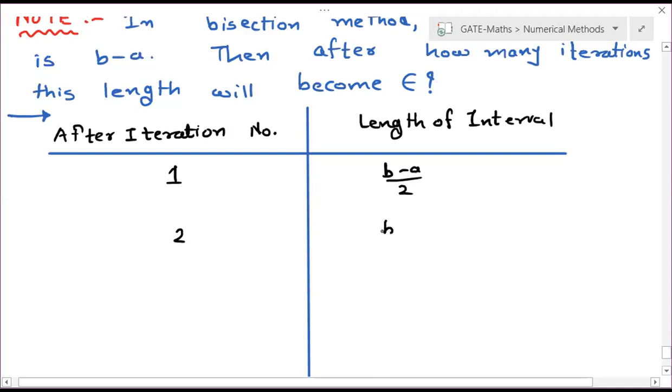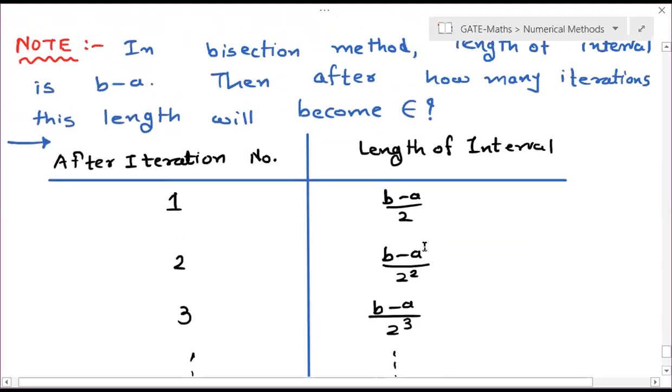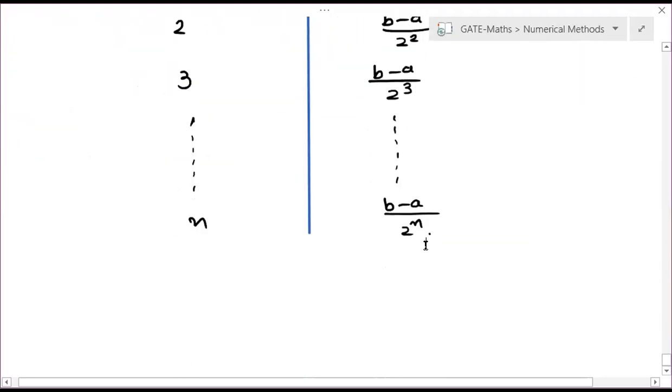After the second iteration, it will be bisected again, B minus A by 2 square. After the third iteration, it will be B minus A by 2 cube. In the same way, after the nth iteration, this will be B minus A by 2 to the power n. Is it clear now?